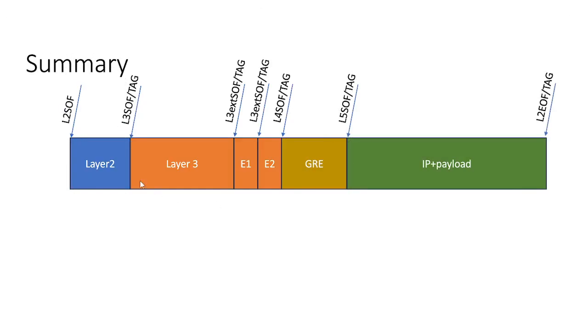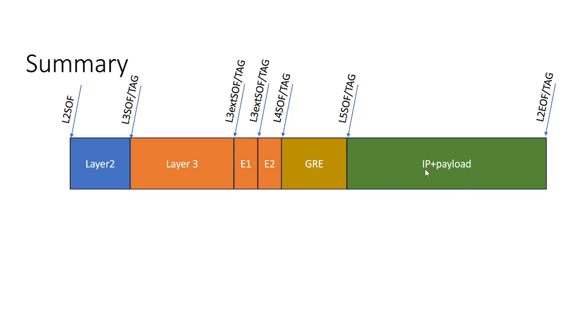Now, in a graphical form, you can see that this is an Ethernet packet, and it'll always start with layer 2, then layer 3, and there'll be layer 3 extensions, and then there'll be layer 4 GRE, and then there'll be the data, which will be the payload. And because this is inside GRE, we will assume something, because GRE can carry an L2 inside it or an L3.